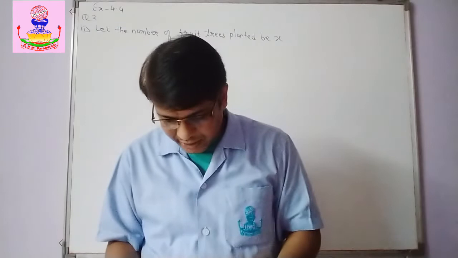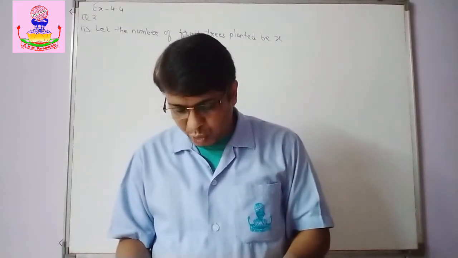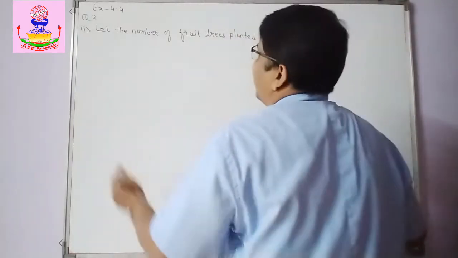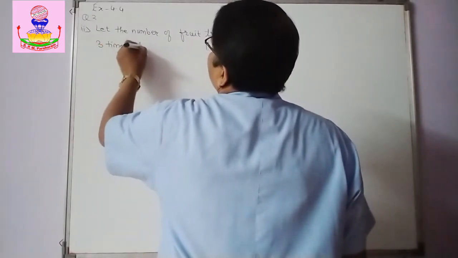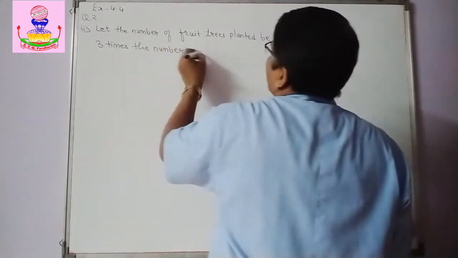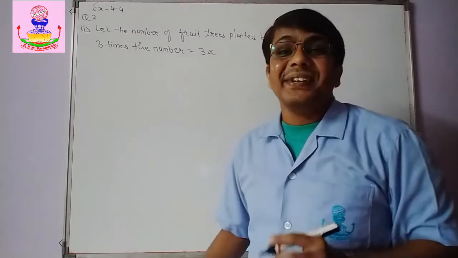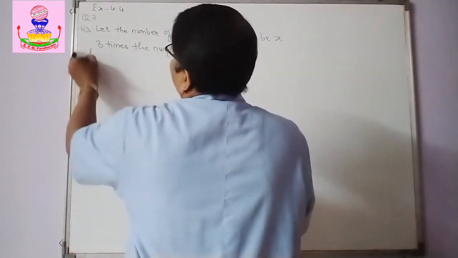Now what do they say? The number of non-fruit trees was 2 more than 3 times the number of fruit trees. So 3 times the number, that is equal to 3 into x, that is 3x. Exactly. Now we can get the number of non-fruit trees.